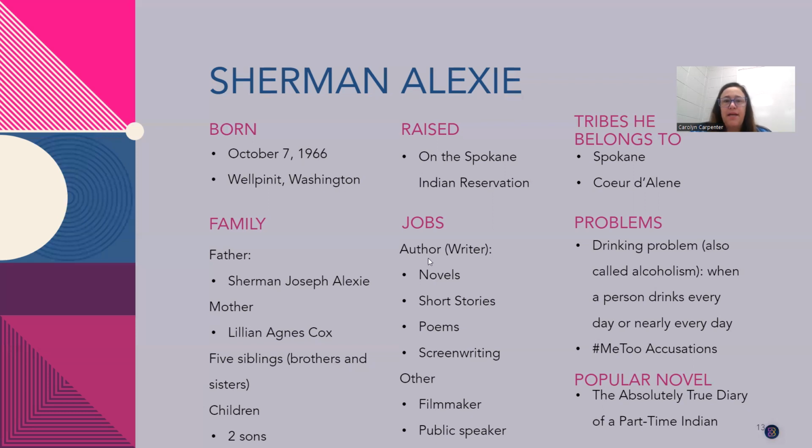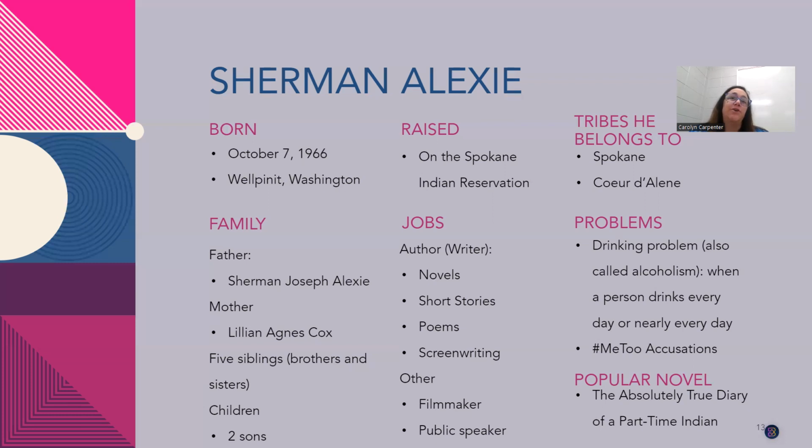And then he has had several different jobs, even as an author. So as an author or a writer, he has written novels, short stories, poems, and screenwriting. So screenwriting is when you write a story that is going to be made into some type of film. Also, he has been a filmmaker, so he's actually produced and recorded different movies.